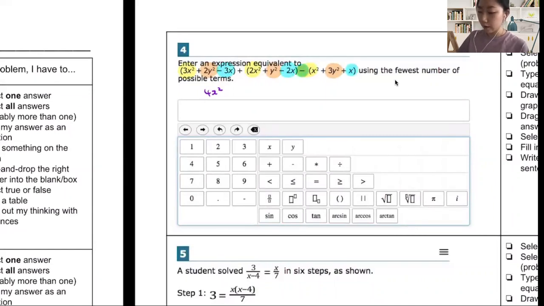Always remember that we keep the sign that it follows, right? So in this case, we have negative 3x minus 2x, which is negative 5x, minus x, which is negative 6x. So you can either put in 4x squared minus 6x, or if you want, negative 6x plus 4x squared. So either way works.